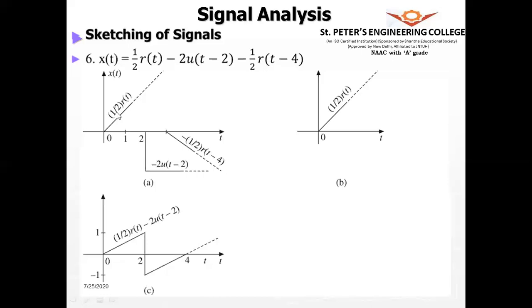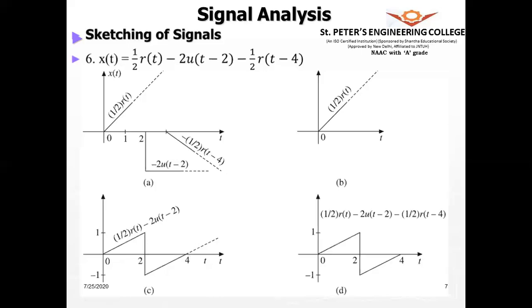The first ramp slope is plus 1/2, and the other ramp signal's slope is also half, but it is minus 1/2. Therefore, at t equals 4, the slope will become 0. So the final sketch of the x of t signal will be this one.